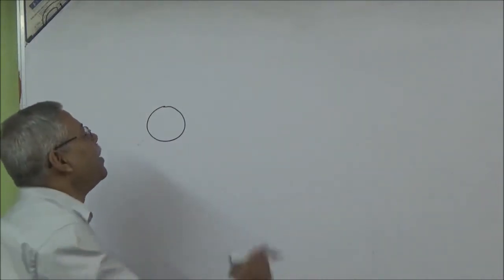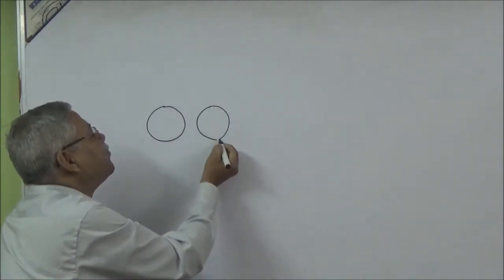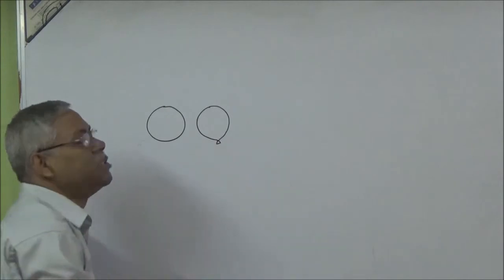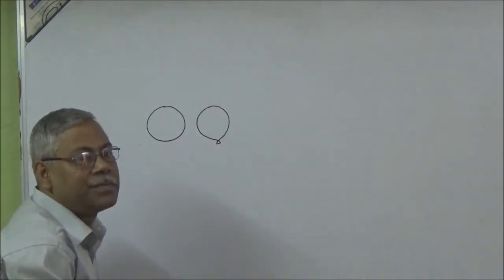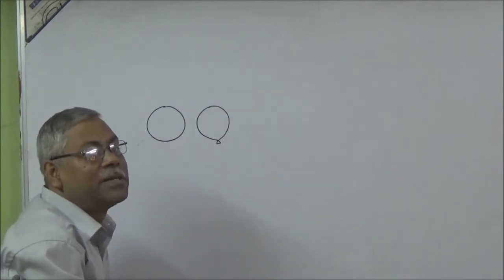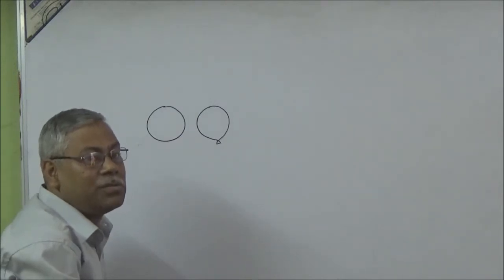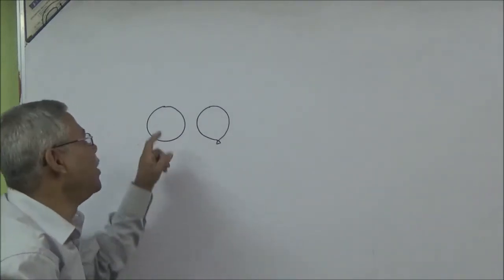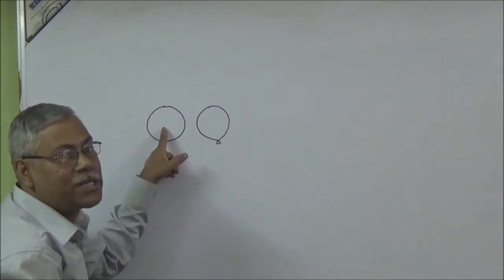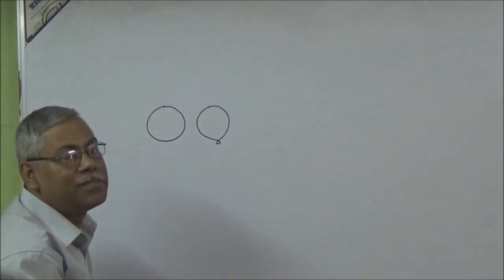This is comparable to a balloon. If I ask you what is the pressure exerted by the surface of the balloon, then you have to calculate. Here also we will do some calculation to get the pressure exerted by the surface of the film.